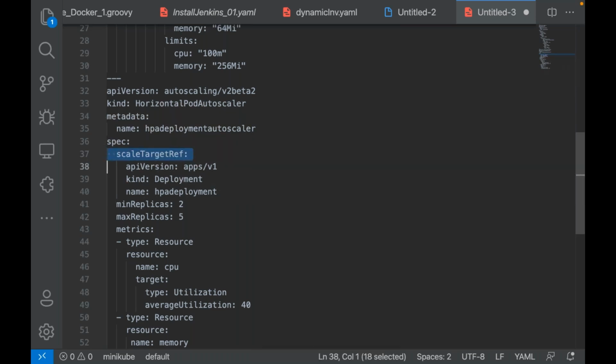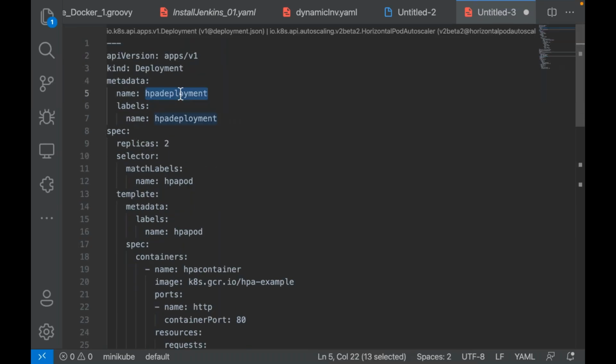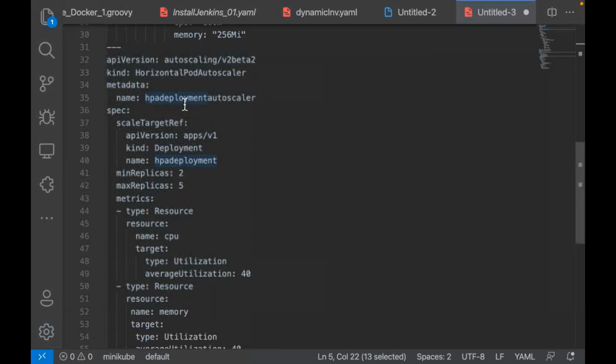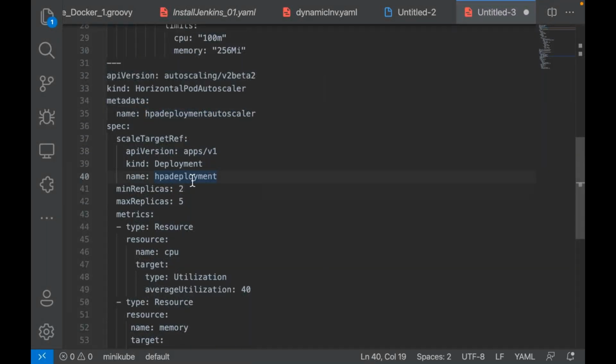We are targeting this HPA at what type of Kubernetes resource? A deployment. And what is this? I created a deployment with this name. So this HPA is for that deployment.